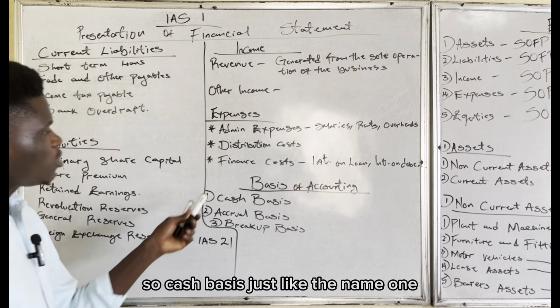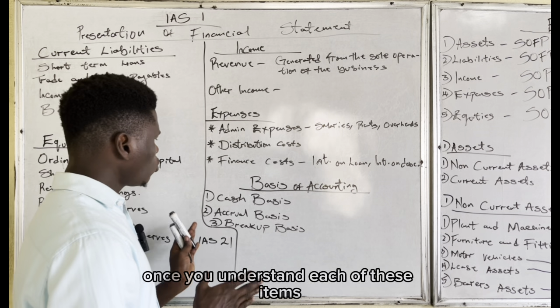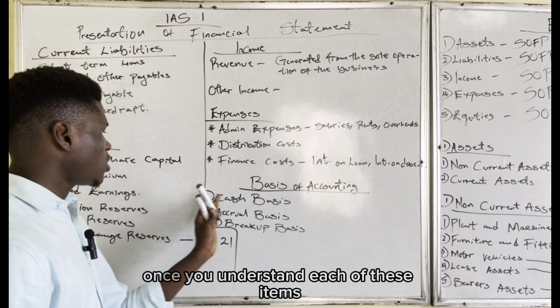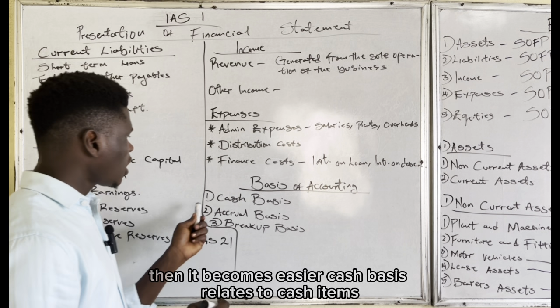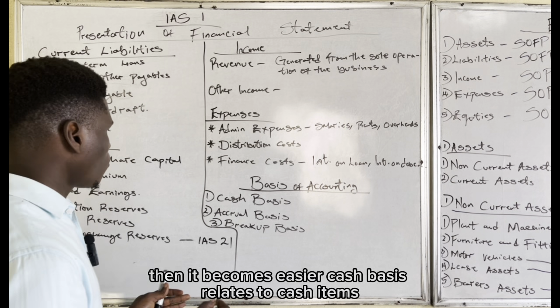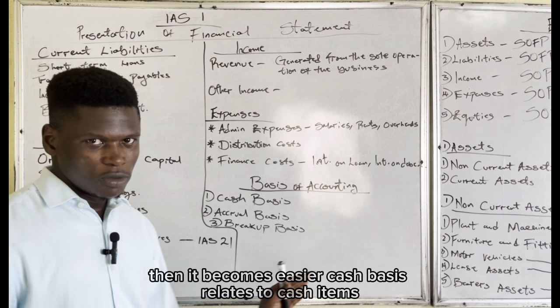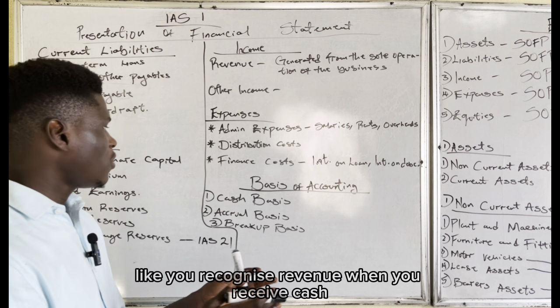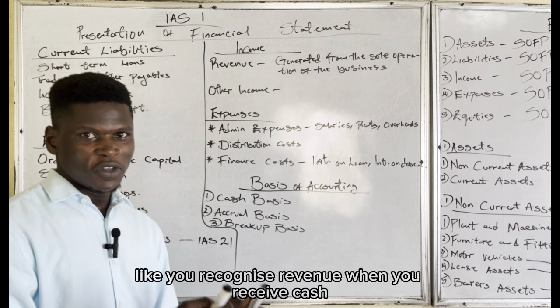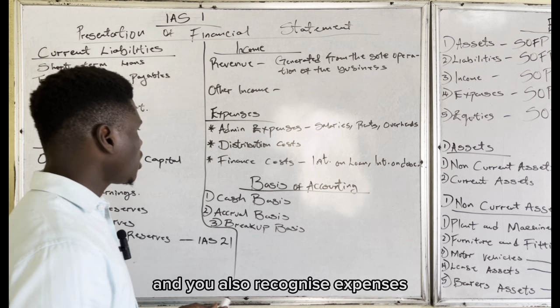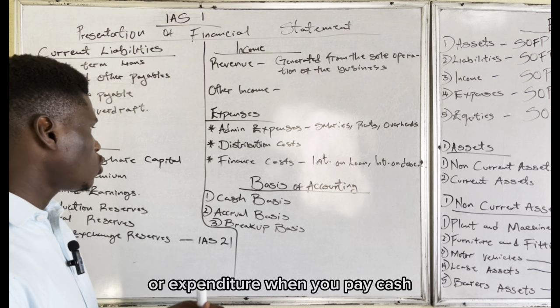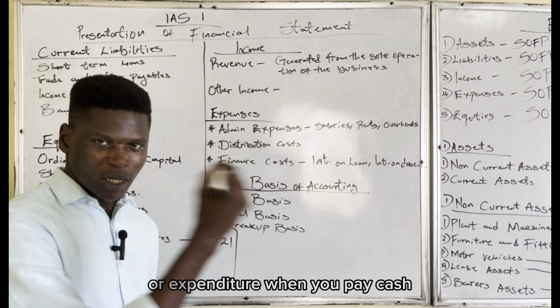So cash basis, just like the name, once you understand each of these items, then it becomes easier. Cash basis relates to cash items, like you recognize revenue when you receive cash, and you also recognize expenses or expenditure when you pay cash.